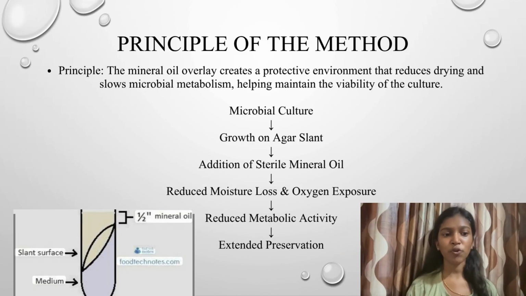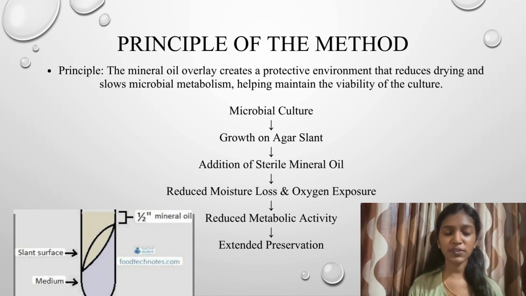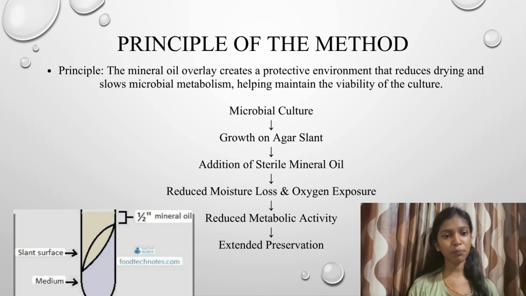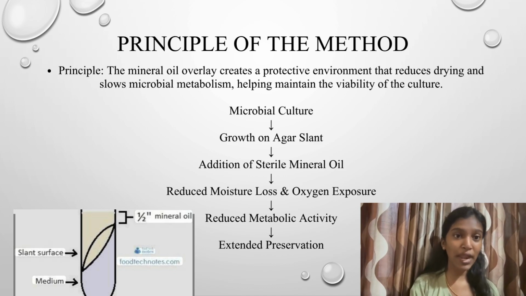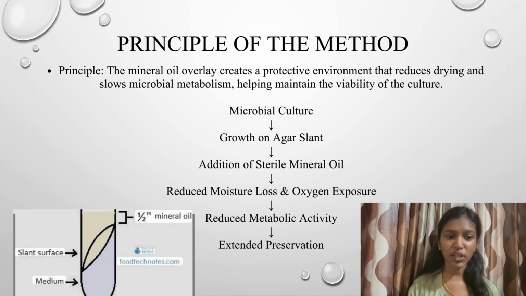Next slide is of principle. The principle of this method is based on creating a protective environment around the microbial culture. Firstly, the microorganisms are grown on agar slant. Then the sterile mineral oil is added over it. Then the oil layer reduces the moisture loss and oxygen exposure.